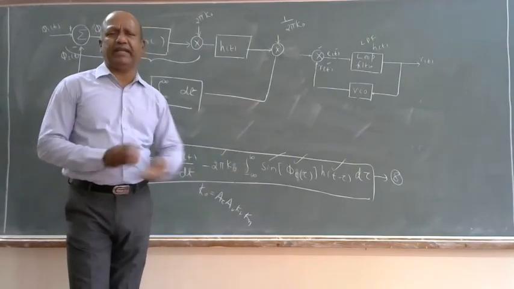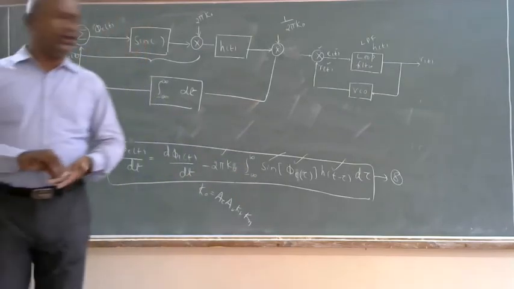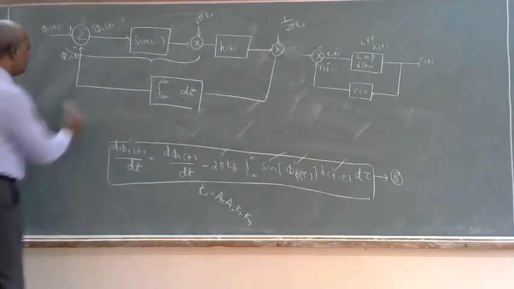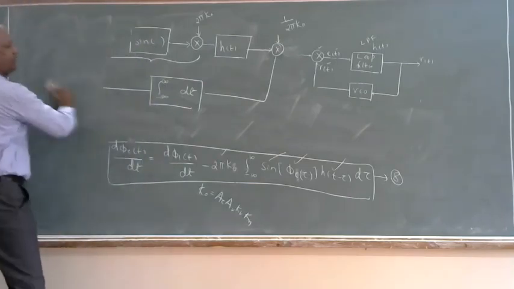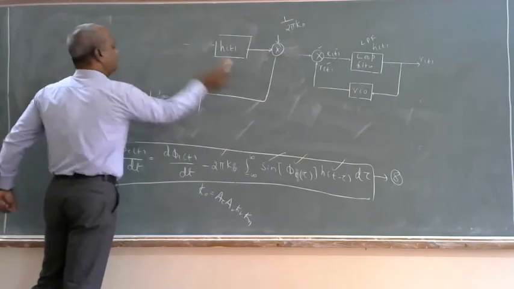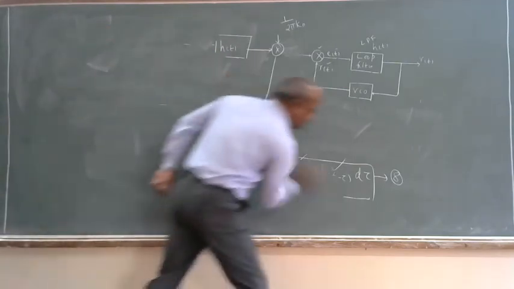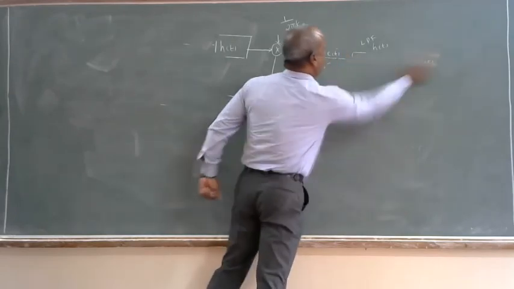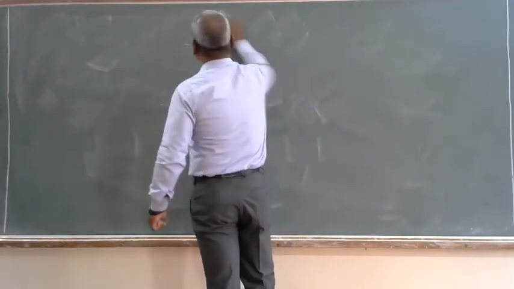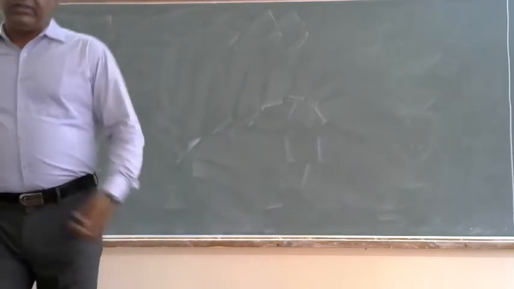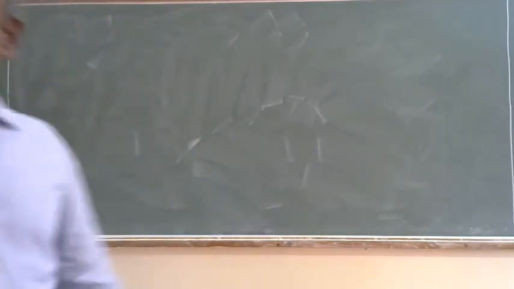Afterwards, you do the analysis. So next I'm getting the linear model. Why do we call it a non-linear model? We call it non-linear because of the sine term only.